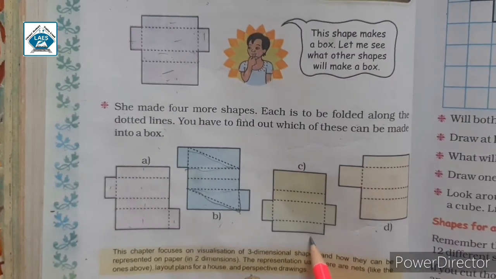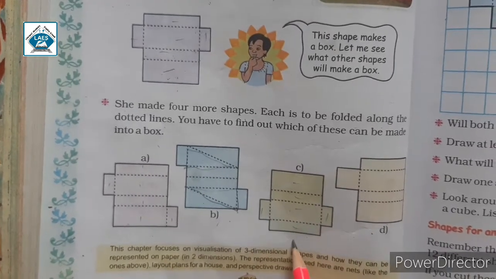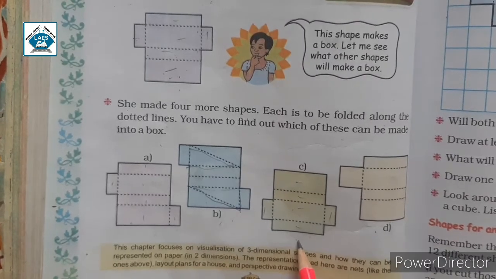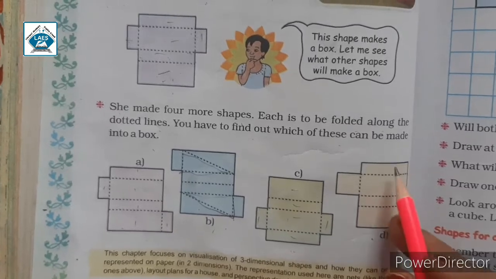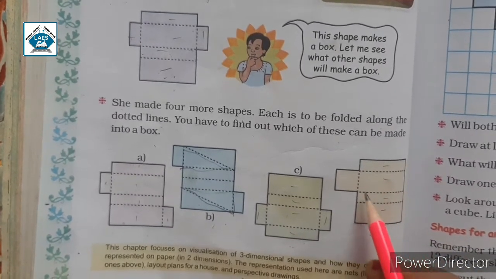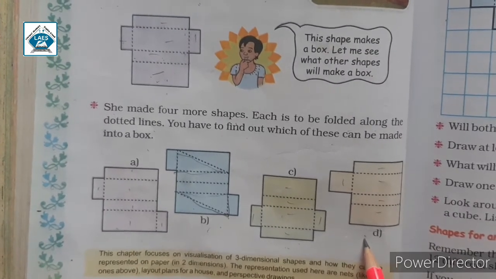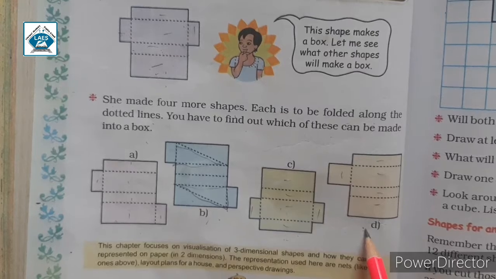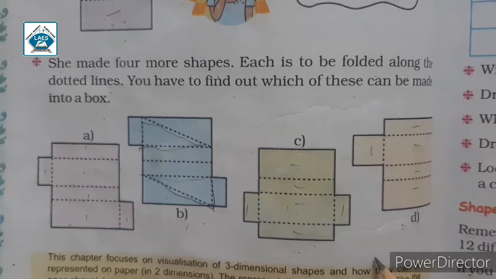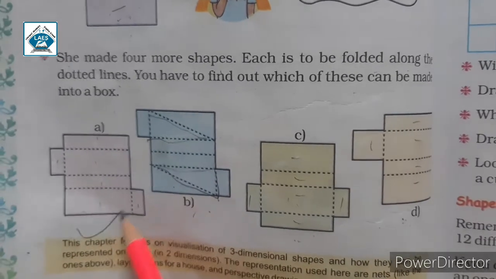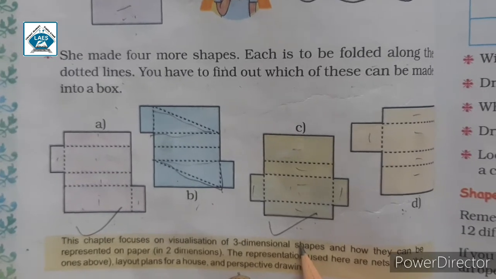C. Here you can see 1, 2, 3, 4, 5 and 6. Total 6 faces. That can definitely be made into a sweet box. And D, here 1, 2, 3, 4 and 5. Total 5. So the number is only 5 faces, so it cannot be made into a sweet box. Cutouts of A and C can be folded to make boxes.